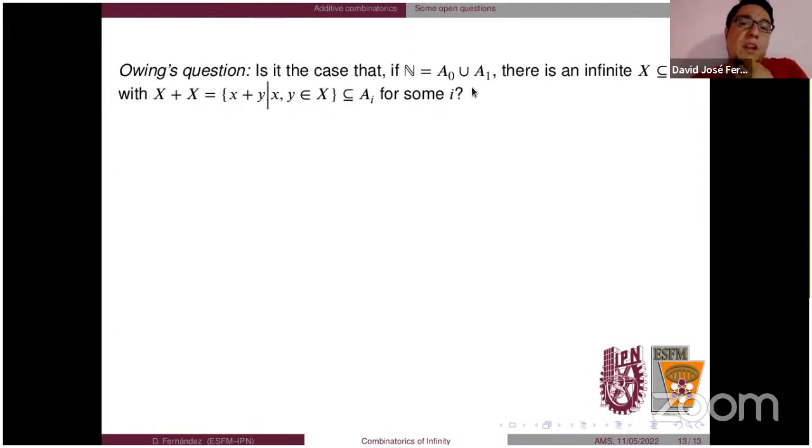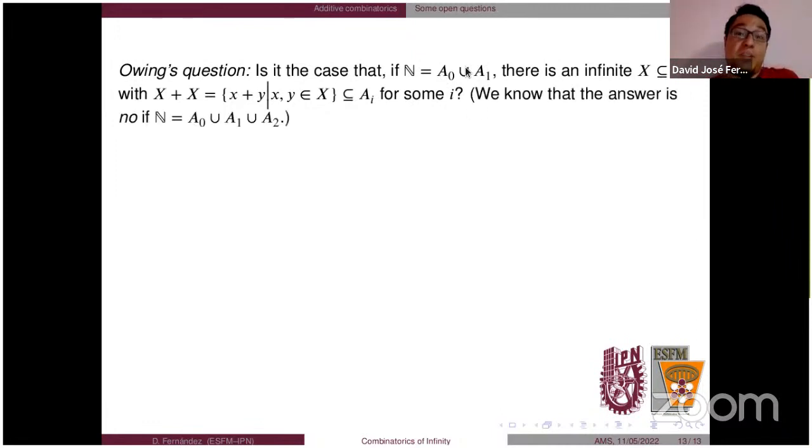What's funny is that the question that is open, its openness relies heavily on having a partition into two pieces. Because if I were to partition into three pieces, we already know what happens. We know that the answer is no. And this is a theorem, this is not Hindman's theorem, but it's also a theorem that was proved by Hindman.